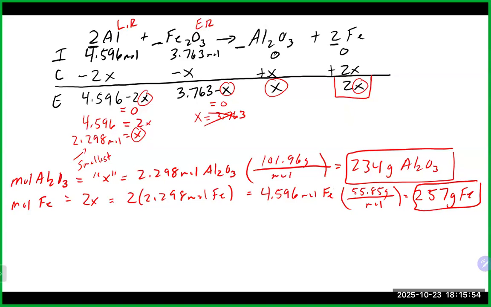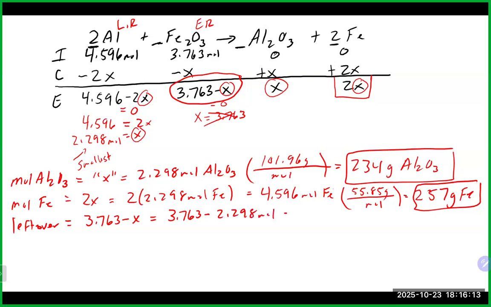And the other question is how much of that excess is left over? So my leftover excess from the table is 3.763 minus x, which would be 3.763 minus my x value of 2.298 moles. And that's going to get me 1.465. And again, that's iron 3 oxide.